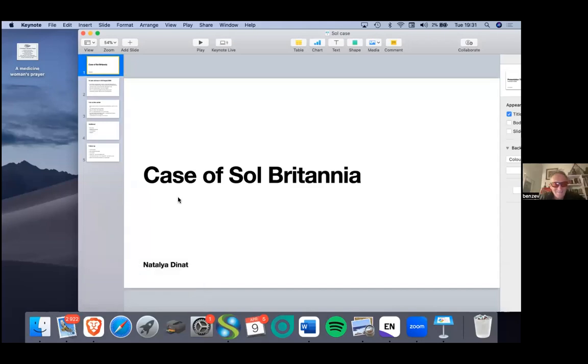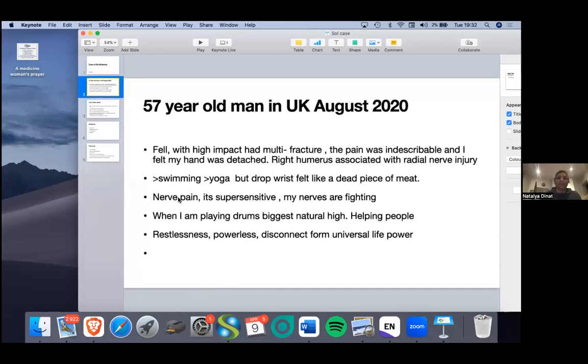So this is a case of Sol. It's a 57-year-old man who lives in the United Kingdom, and I saw him during COVID time, August 2020. He had slipped outside on the patio and had a high impact multifracture of the humerus.